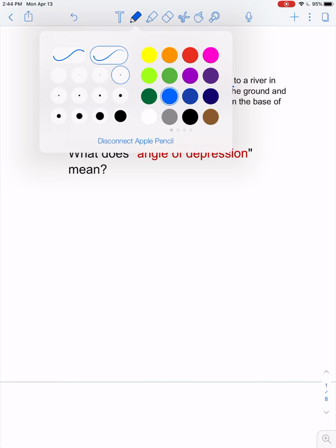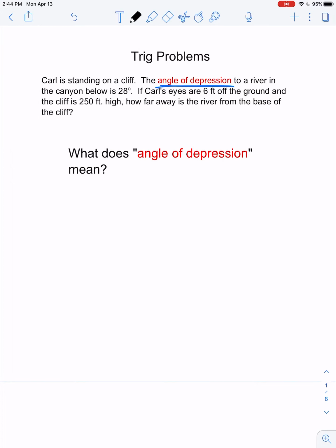So step 1 to any trig problem is always draw a diagram. A picture is worth 1,000 words, so do it. So here we have a cliff, and then here's Carl standing on the cliff. I am not any kind of artist.